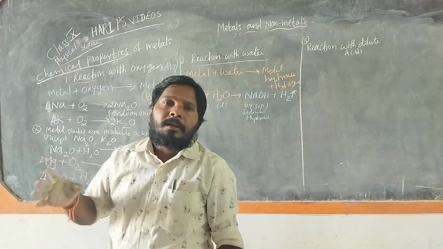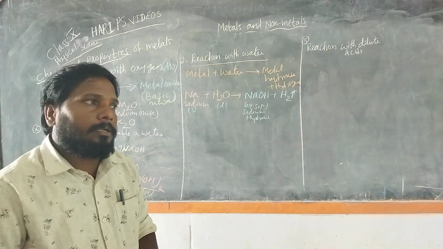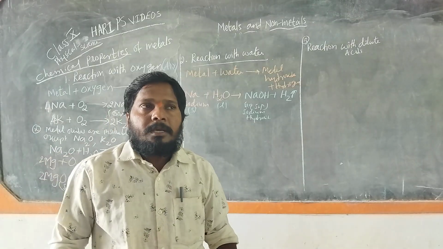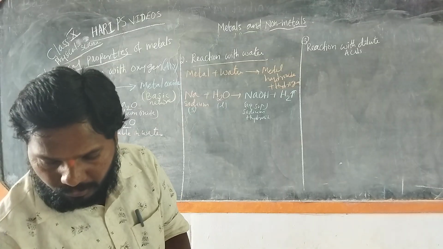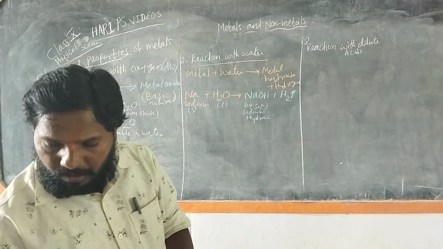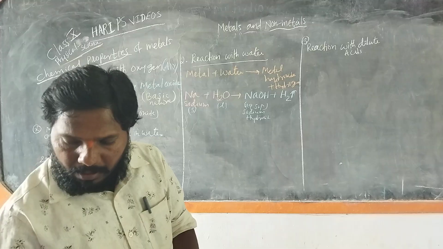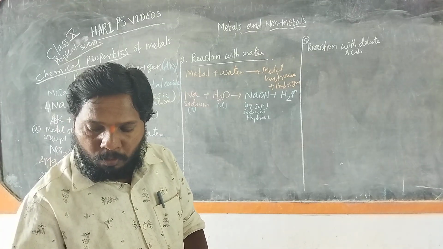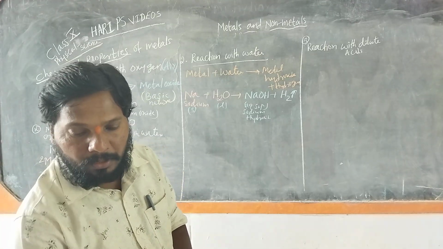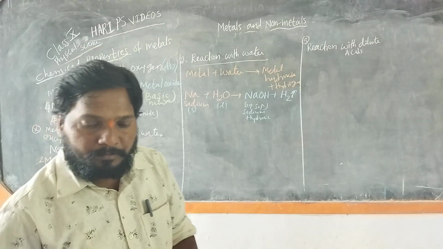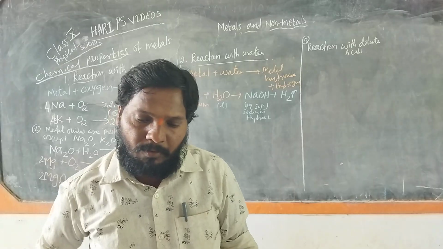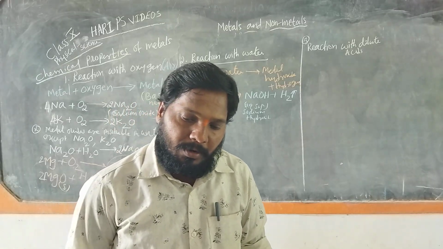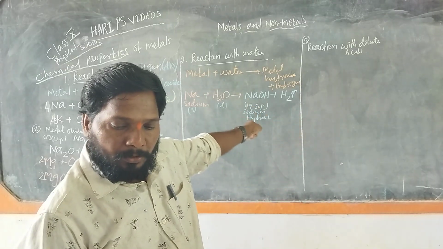All the metals do not react with water vigorously. Some of the metals react with water slowly. Some of the metals react with cold water, some react with hot water, some react with steam, whereas some do not react with water. So metal plus water gives metal hydroxide plus hydrogen.